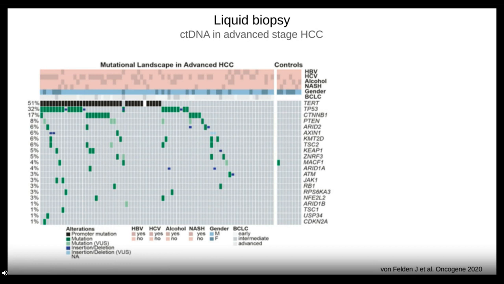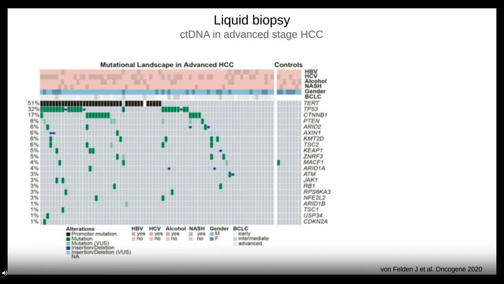So this is a summary of the mutational landscape of our 85 HCC patients. I want to emphasize that these are advanced stage HCC, which is different from the majority of patients that have been published in the TCGA and ICGC, which all used resection specimens, a different stage.